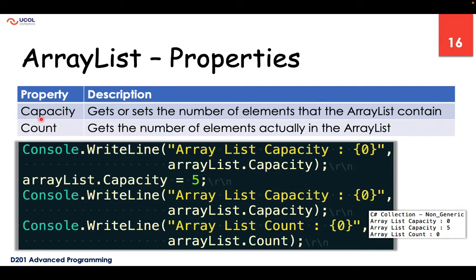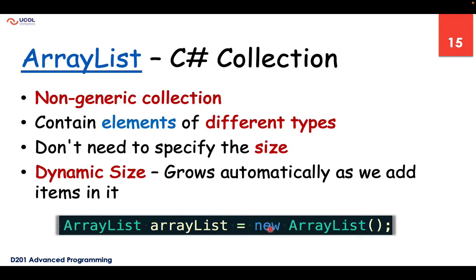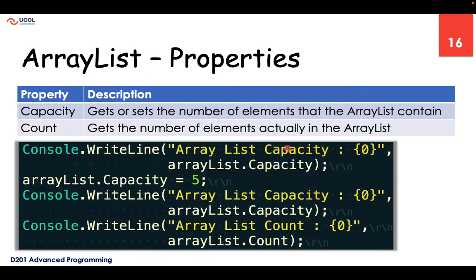Capacity will tell how many maximum elements can be saved in the ArrayList before its capacity is increased. But the count will show me the actual elements which are present. If you look at that, we have defined our ArrayList, then look at the capacity, change the capacity, again print the capacity, print the count, and then we get that we have 0 elements. Capacity is 5, but there are 0 items present in that ArrayList.